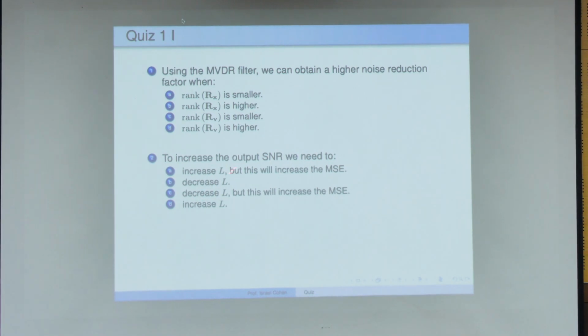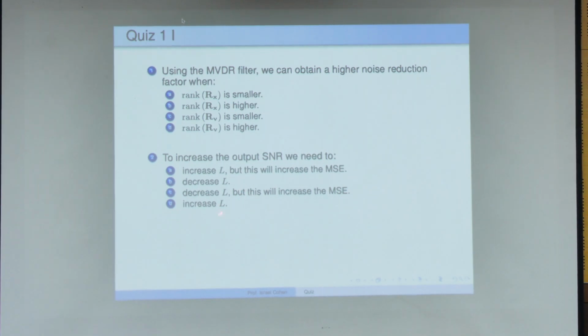To increase the output SNR, we need A, B, C, D. Okay, let's check it. So if we decrease L, the output SNR will be higher or lower? What is the effect of L on the output SNR? D, okay.